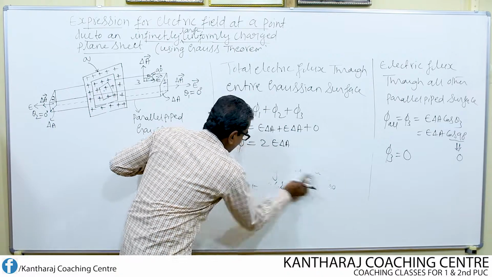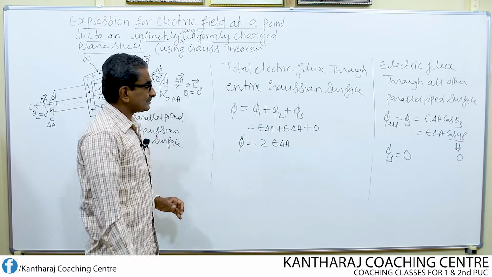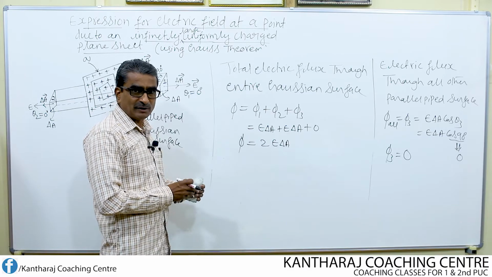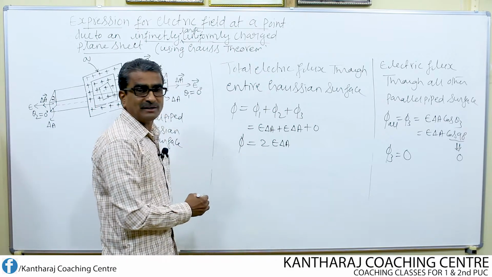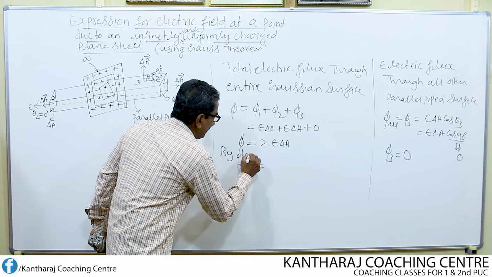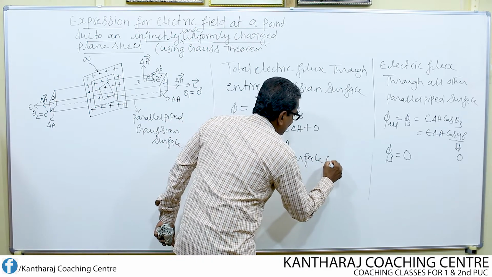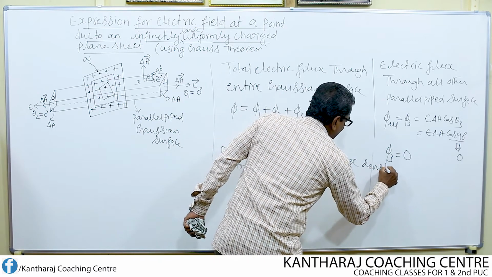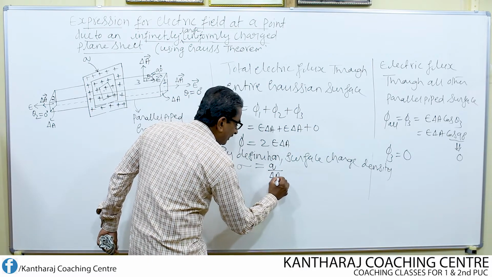Then if I want to find the surface charge density, you know that surface charge density is given by a formula. What is the symbol we use? We use the symbol sigma for surface charge density. So by definition, surface charge density is charge per unit area.